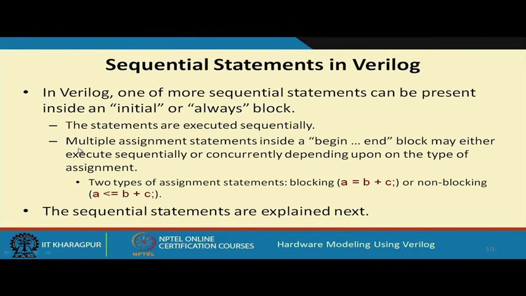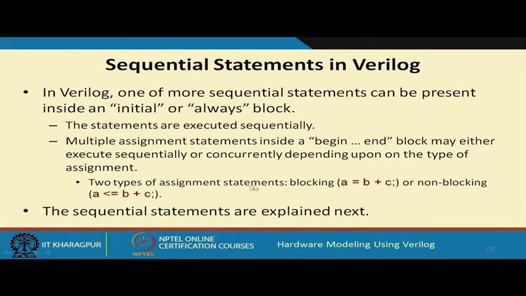What we are saying is that inside a begin end block there can be some assignment statements. These assignment statements may execute one by one sequentially or they may execute concurrently depending on what kind of assignment we are making. This we shall be seeing later.